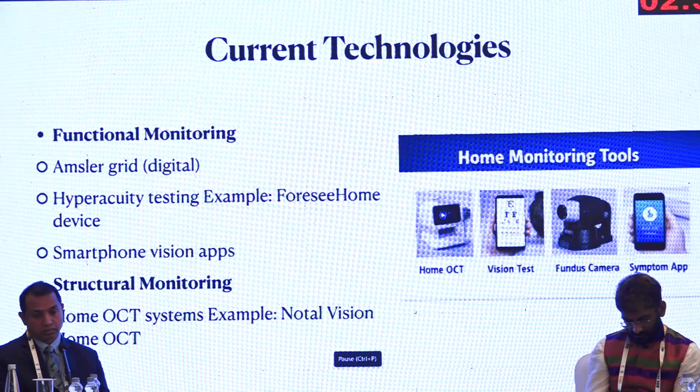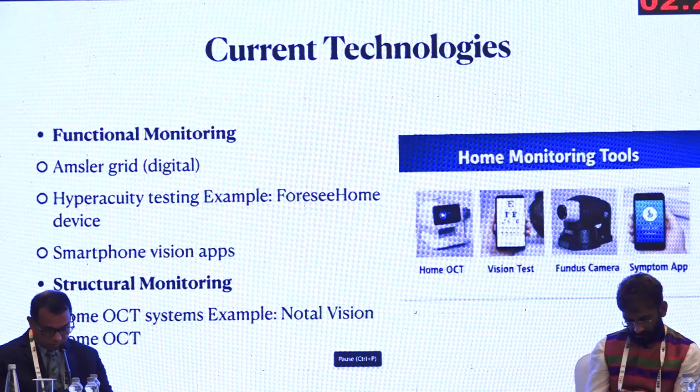It became very popular, but now not many people use it. The 4C home device, the smartphone vision apps, and structural monitoring by doing a home OCT system like the Notal Vision home OCT. In the next few slides, I'll concentrate on one technology, the home OCT system.